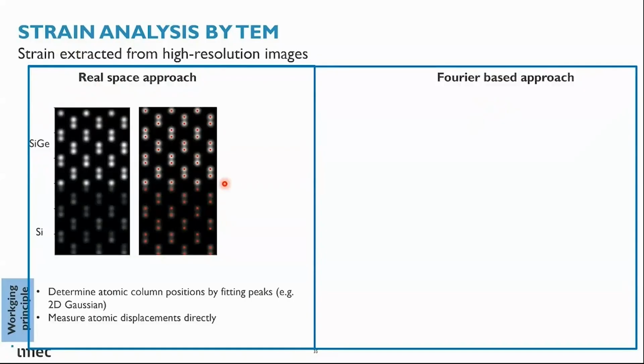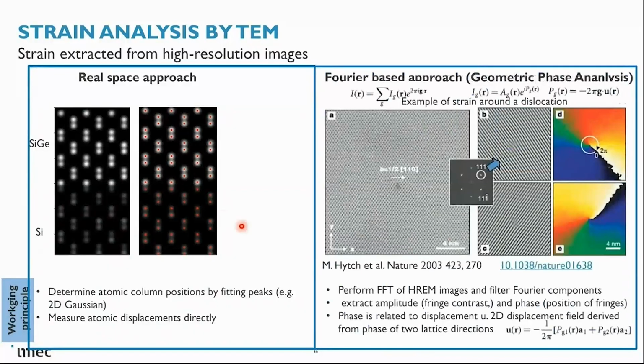In real space, we determine the atomic column position by fitting peaks, for example, to the quotients, and then we measure the atomic displacement directly. In Fourier space, here, this is an example from Martinich from a paper in 2003.